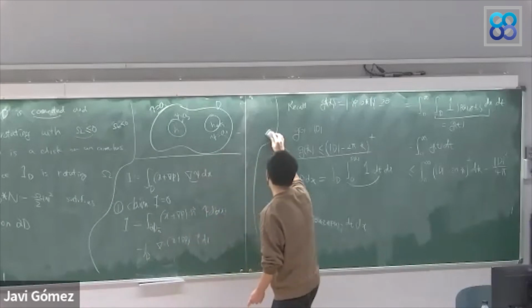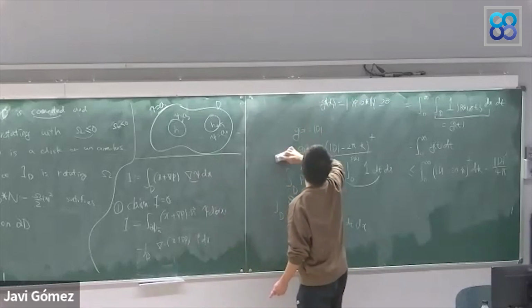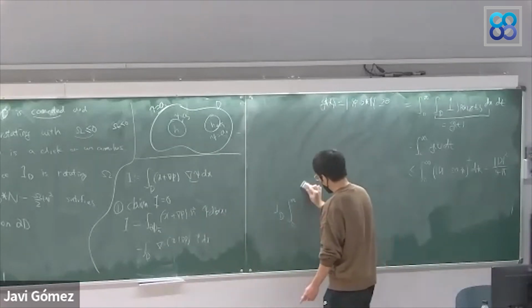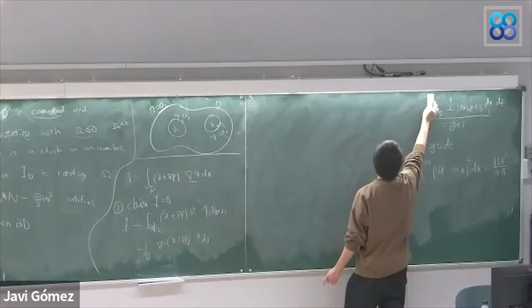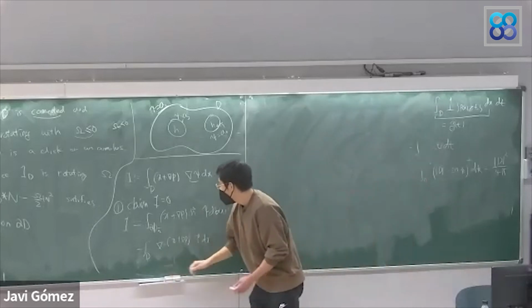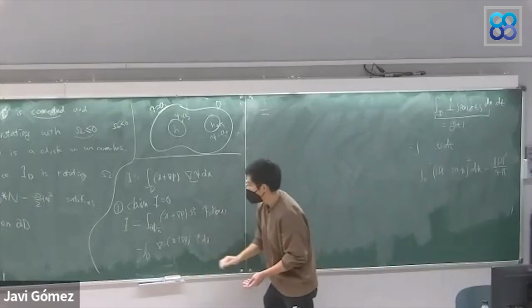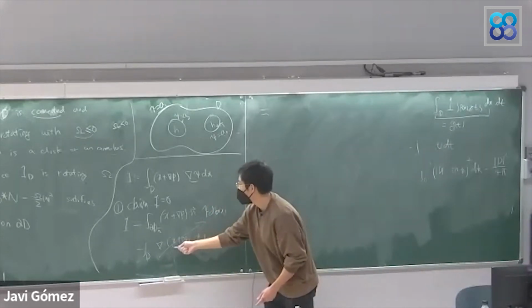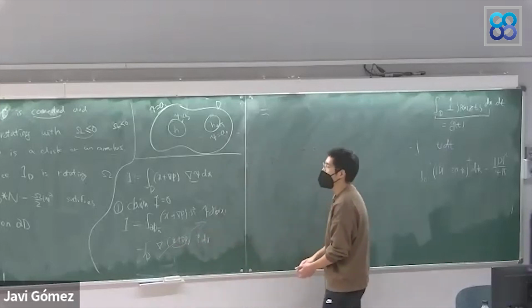Right? So this guy is 0 because x plus grad perp p is divergence free.